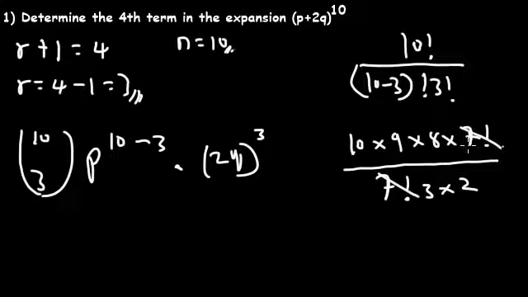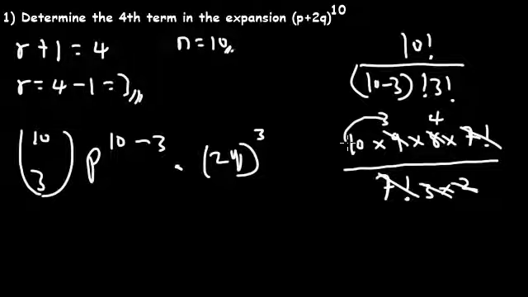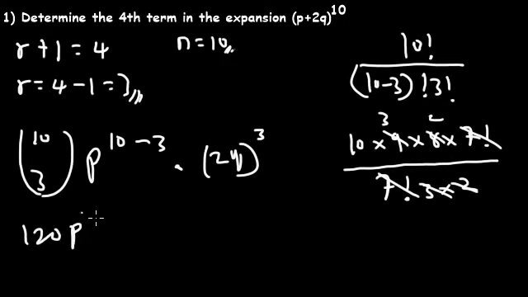Now the 7 factorial can cancel, and we have 3 to reduce 9 to 3, and 2 to reduce 8 to 4. So the product of 10, 3, and 4 results in 10 times 3 is 30, 30 times 4 is 120. So we have 120, p to the power of 10 minus 3 is 7. Now 2q to the power of 3 is simply 8q cubed.